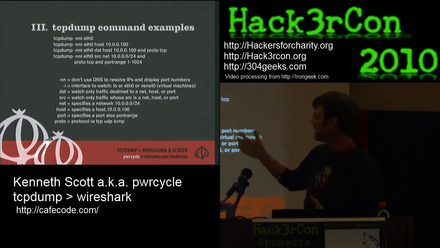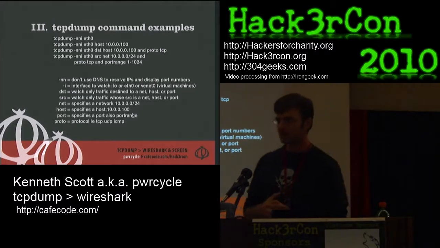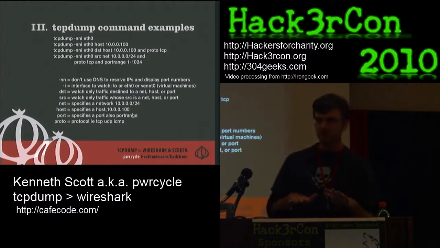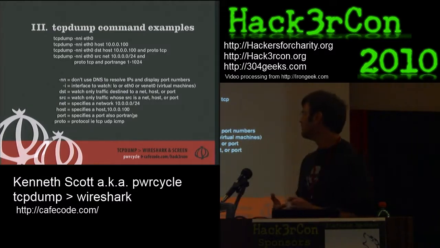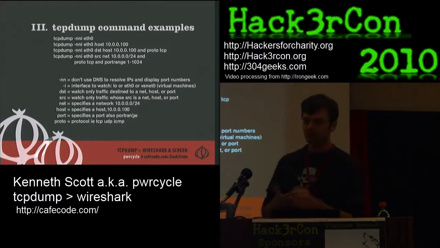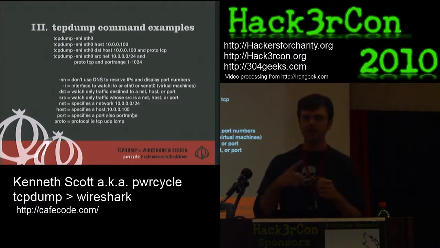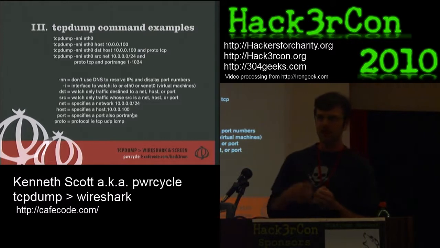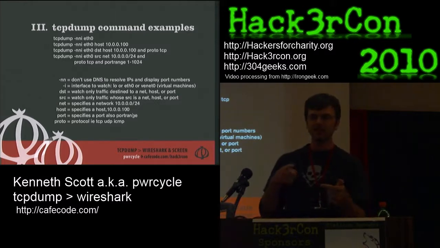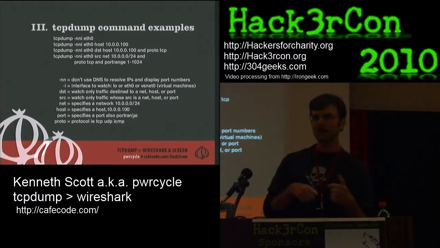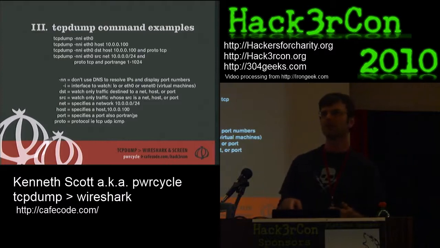So the top command up there, tcpdump -nni eth0, is the simplest base command that you can use with tcpdump. The first n tells tcpdump to not resolve the IP addresses, otherwise when you're dumping, there will be a delay for the DNS query and then display of that name.